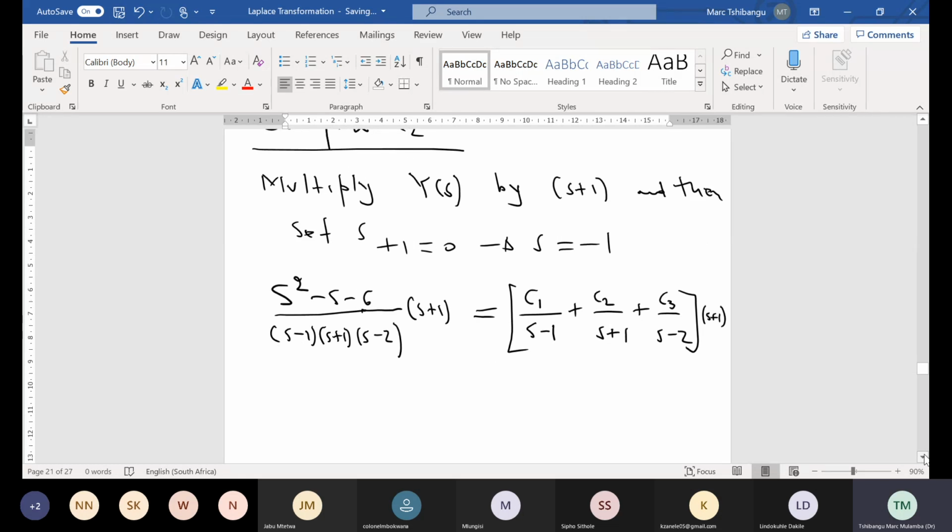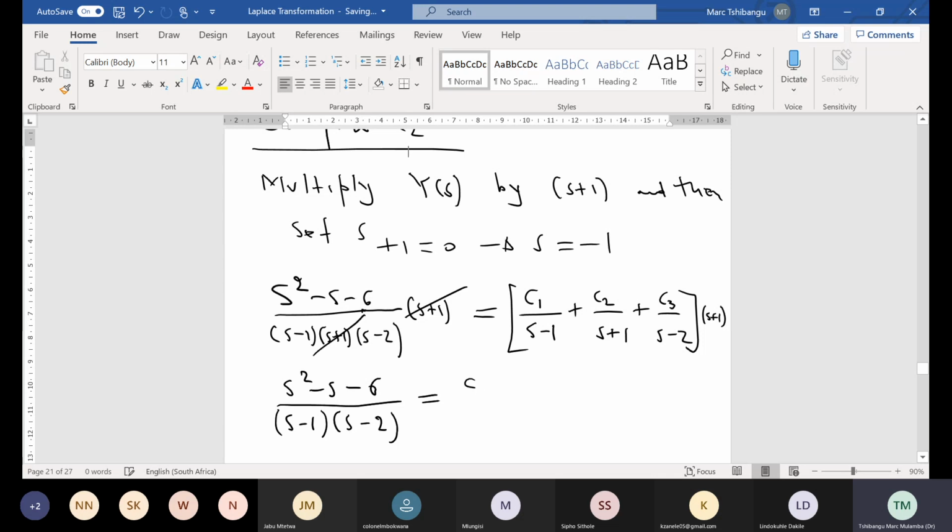After doing so, we check for any like terms and then cancel them off, and then distribute S plus 1 on the other side. So we have now (S squared minus S minus 6) over (S minus 1)(S minus 2). Do not try to expand, just leave it as is. You're going to waste your time.